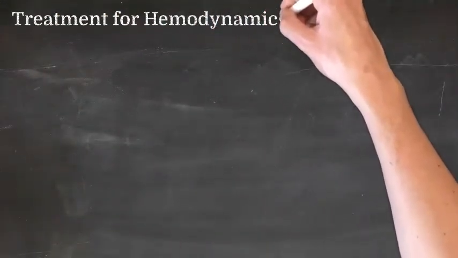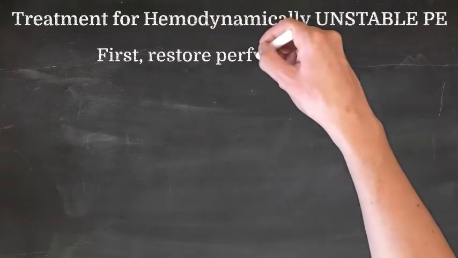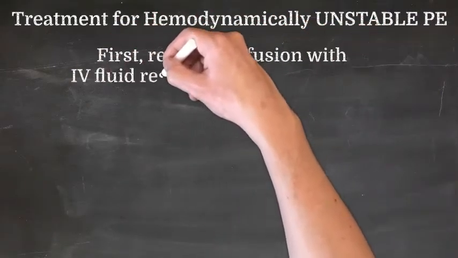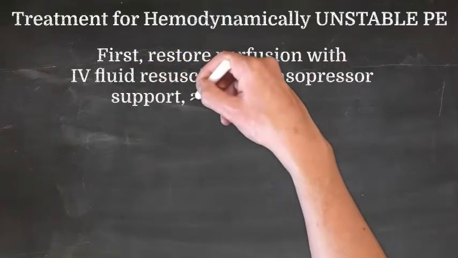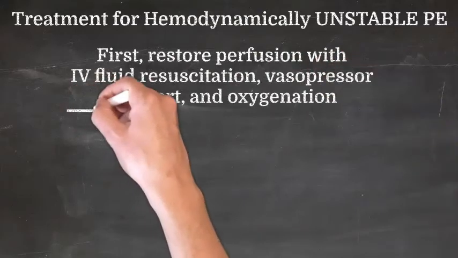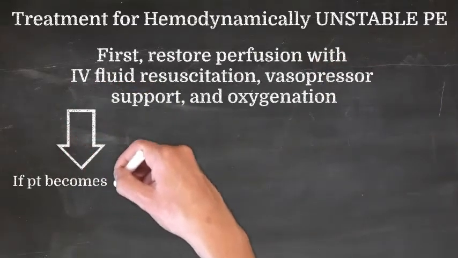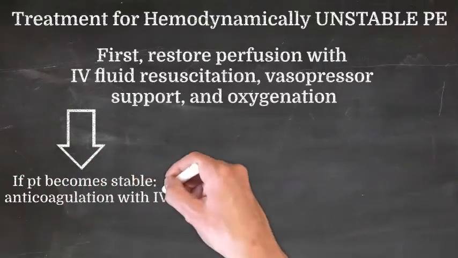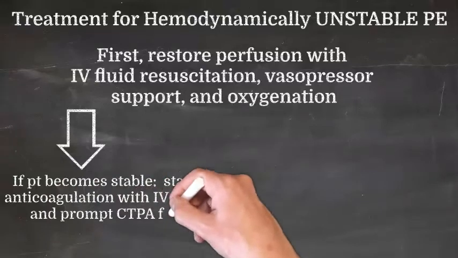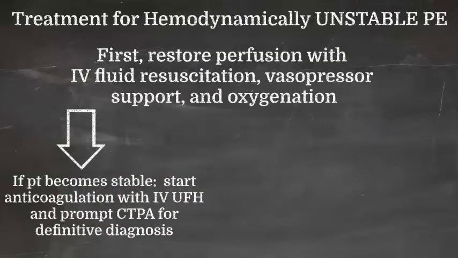For your hemodynamically unstable patients, your first goal is always going to be to restore perfusion with IV fluids and vasopressor support, as well as oxygenation. Once you do that and your patient becomes stable after the initial resuscitation, they can be started on anticoagulation with IV unfractionated heparin.